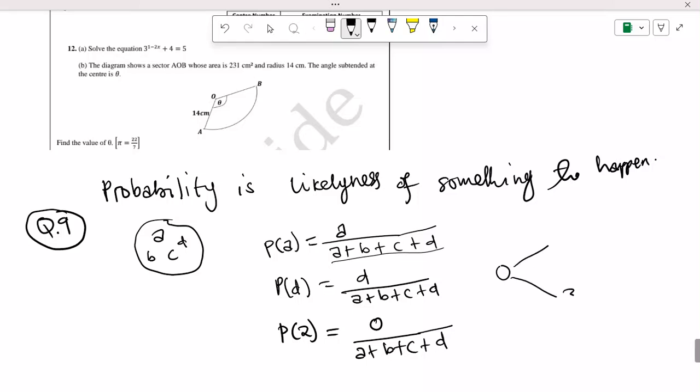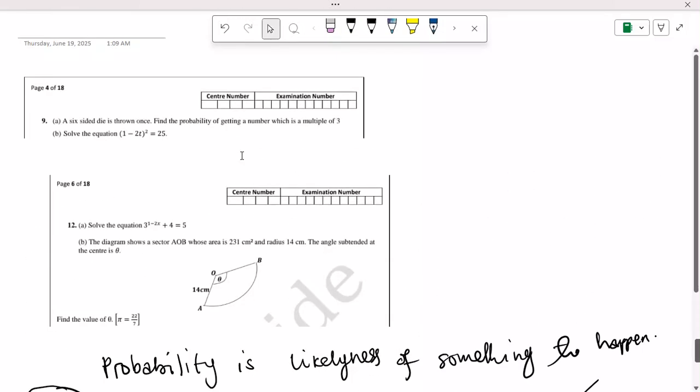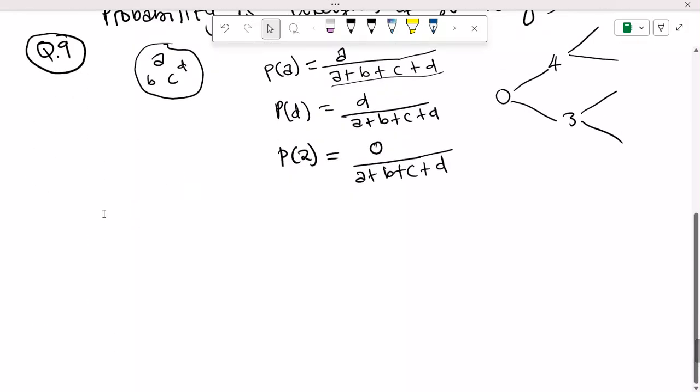For example, here maybe there might be 3, then you go this side. Here there might be 4, then you go this side. No need of doing all these complicated calculations, because it's paper 1, and paper 1 they're keeping the questions so simple. So let's copy the question and paste it here so that we have more room to solve.